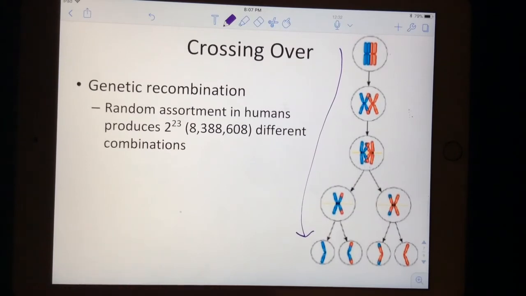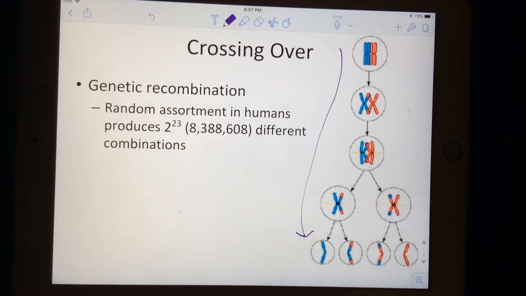A little detailed here, they say that the chances that you could make any one particular egg with that combination of genes is something like 8.3 million. So you are definitely more than 1 in a million. And then when you take into account you have any 2 parents in the world, and that egg and that sperm getting together, it's an incredibly rare event.